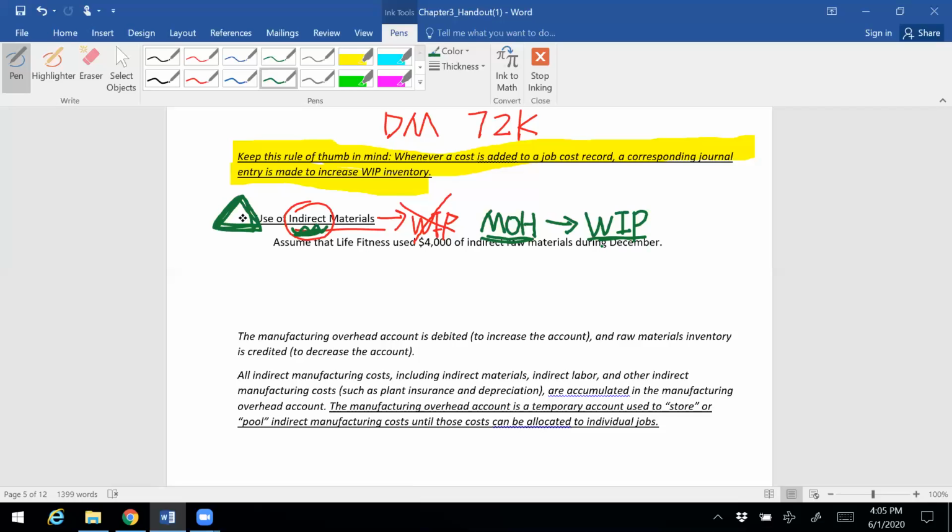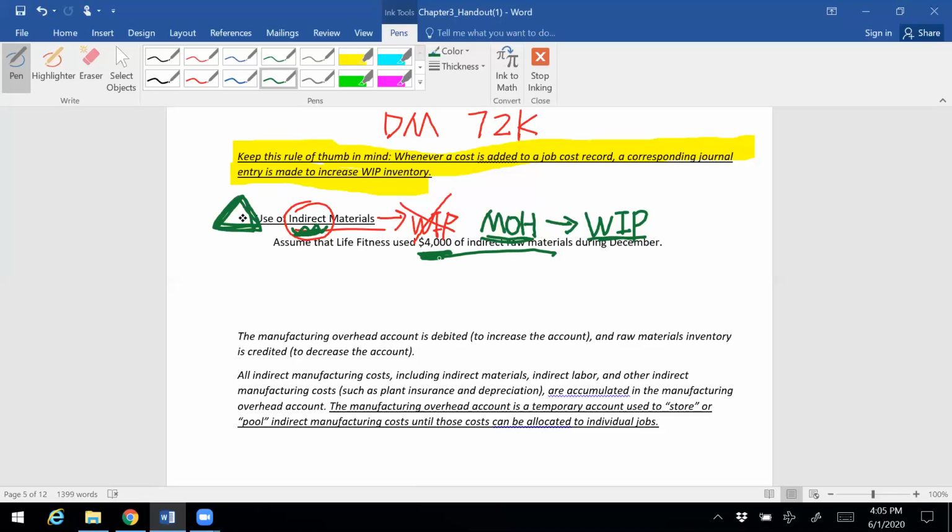Okay, so assume you have 4,000 of indirect material, like the glue, like the lubricant, those things, during December. It happened, 4,000, but we don't know how much goes to this job. You cannot say out of this 4,000 indirect material, 1,000 goes to that specific job.